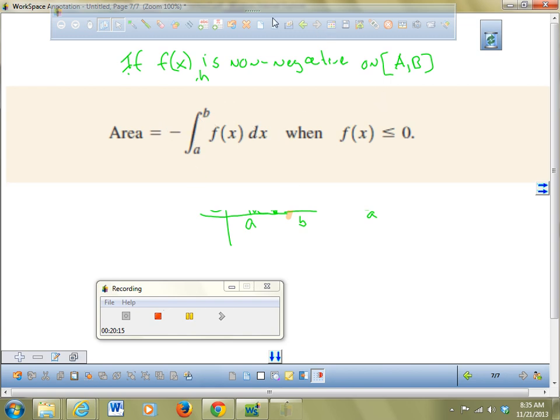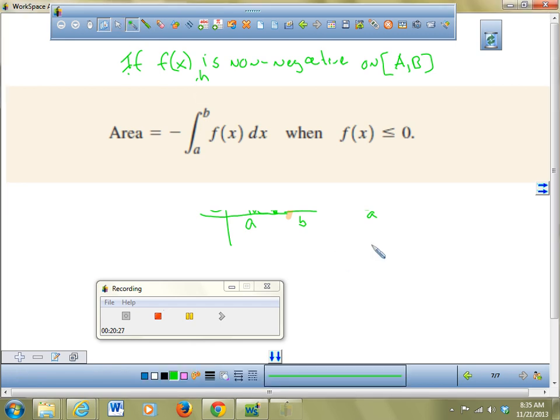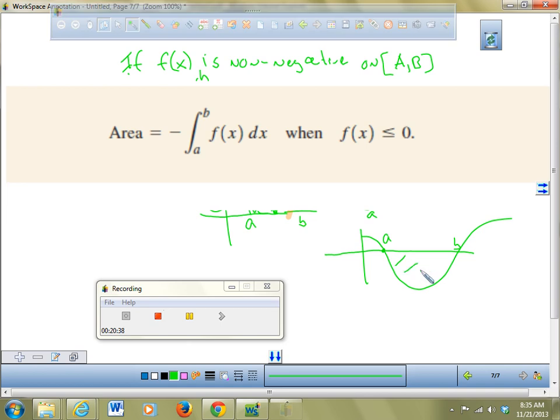So, for instance, in some cases you'll have a function that looks like this, and I want the integral from a to b, and I want this area. Well, the value that I calculate by adding up f of x is negative. You see that f of x is going to return a negative value in this case. So if I plug in 2 in here, maybe I get out negative 5.